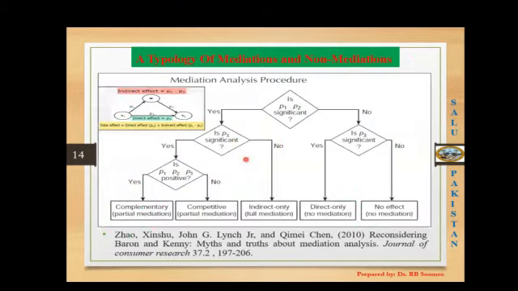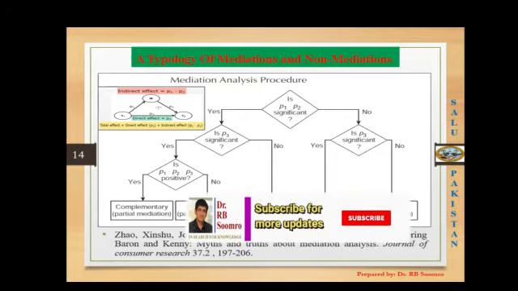This is very interesting: the mediation analysis procedure. It will start by following this diagram. I think now you are well aware of the direct effect, indirect effect, and the total effect. If you are still unaware about the direct and indirect effects, this is for your guidance.